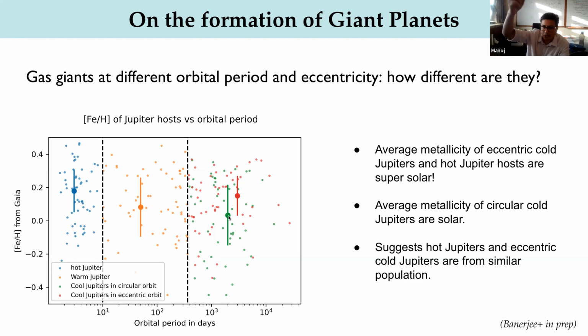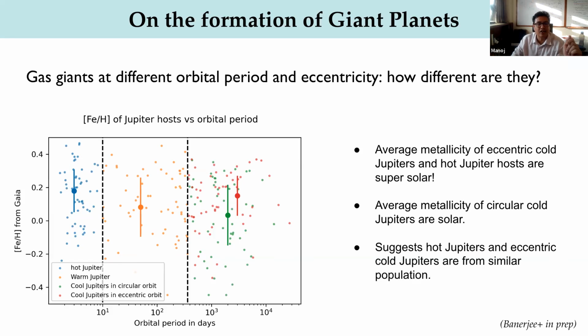What is really interesting is, if you also divide them by their eccentricities, whether they're circular or highly eccentric, the high eccentricity sources in this bin show higher metallicity, and the low eccentricity ones show slightly lower metallicity. I don't want to spend too much time on this.